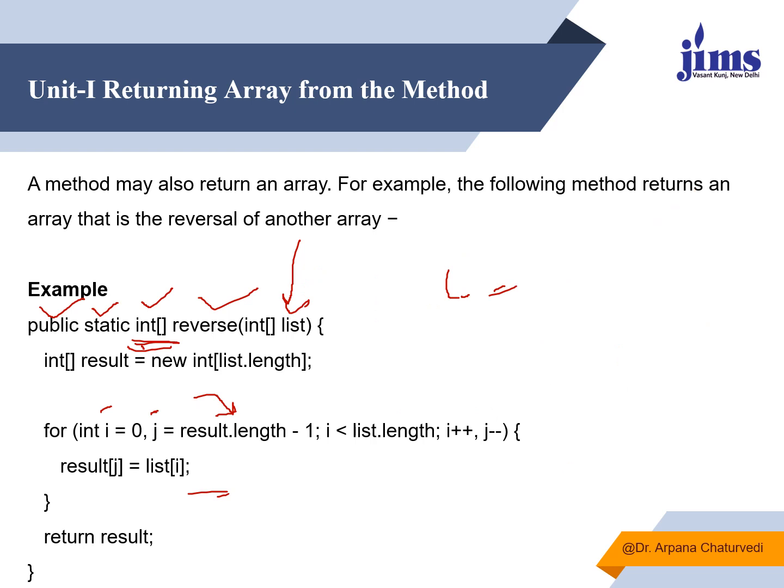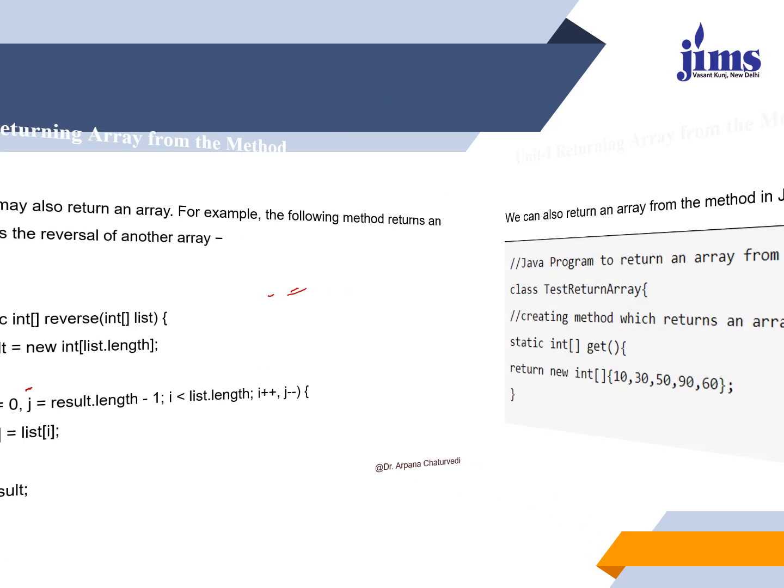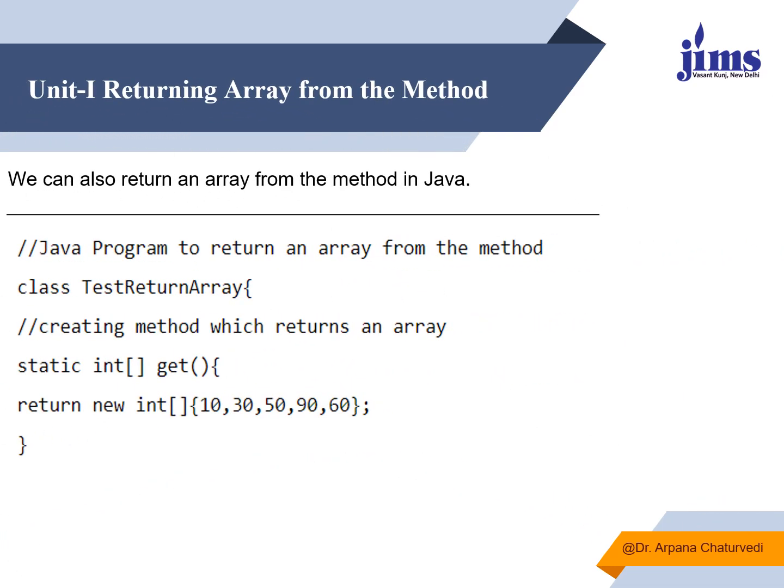We have reversed the elements in an array, and now we have returned it. We have returned this array result, which has the reversed elements. So now we try to print it out. When we print it out in the main method, we see that we are able to get the reversed elements.